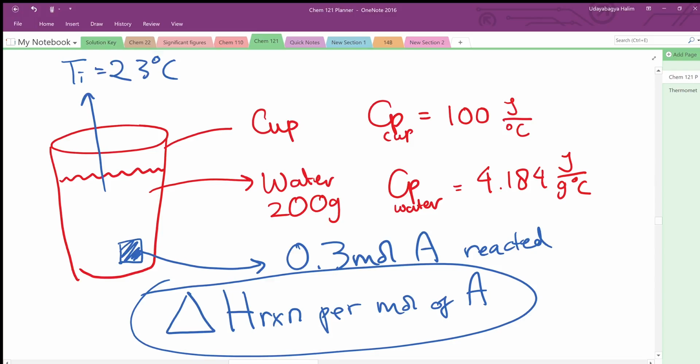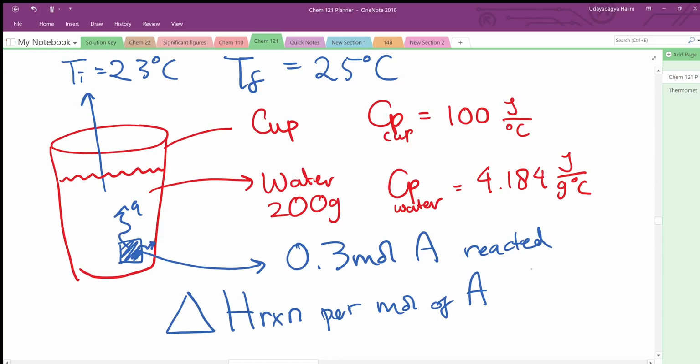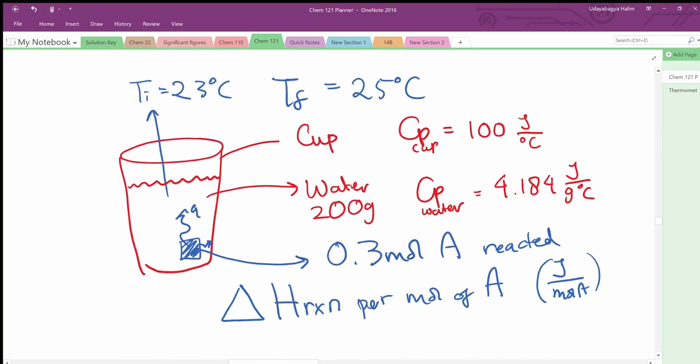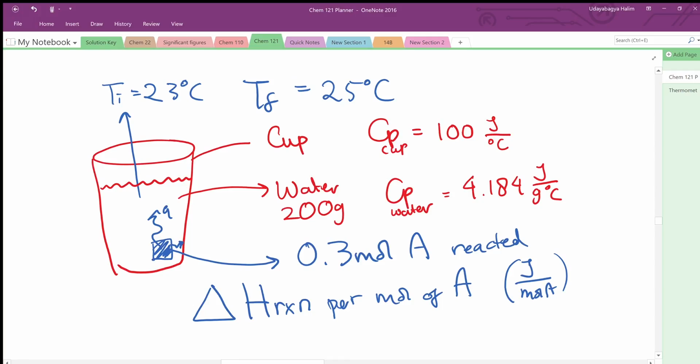After the reaction happens, it releases energy to the cup and the water. You find that the final temperature goes up to 25 degrees Celsius. So what is the delta H reaction per mole of A? The unit of the answer is supposed to be joules per mole of A. So that's the unit of the delta H reaction that I want you to calculate in the end.